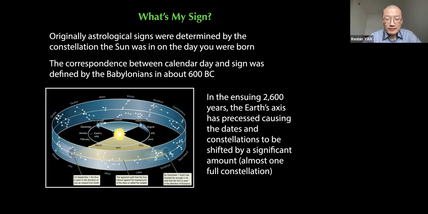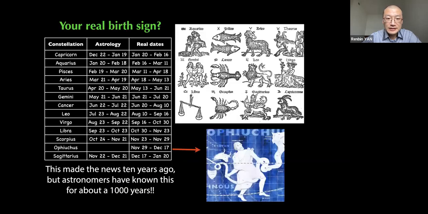That is why there is such a large shift that we found last time. Also, something that made the news recently is that there is now actually a 13th zodiac constellation. This is what the astrology says, and this is the real dates currently, and you can see that it's shifted by really about a month.